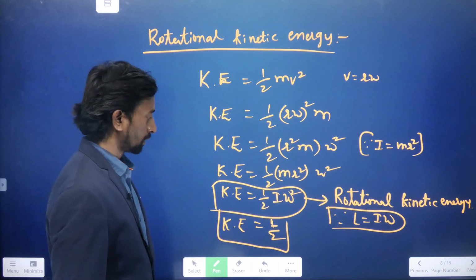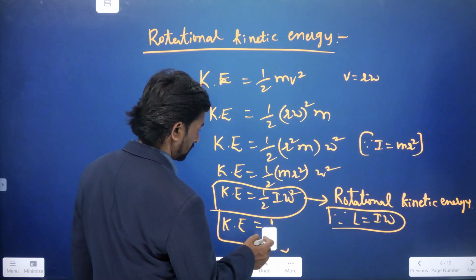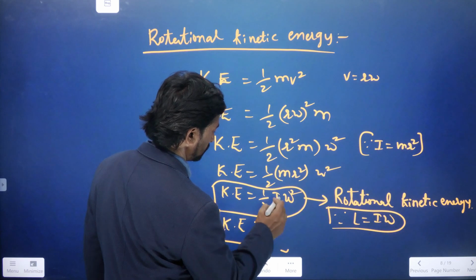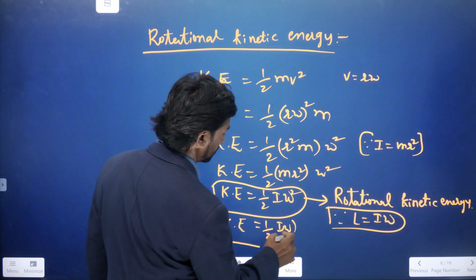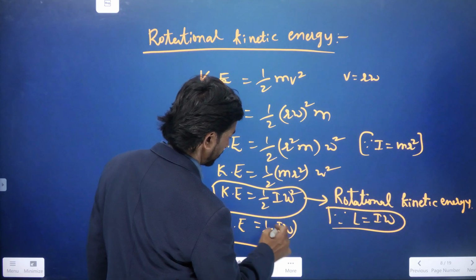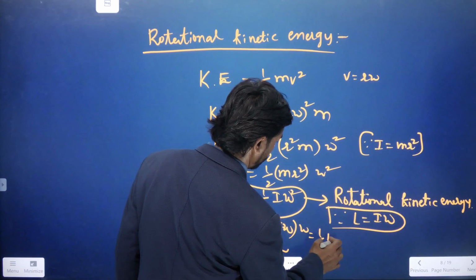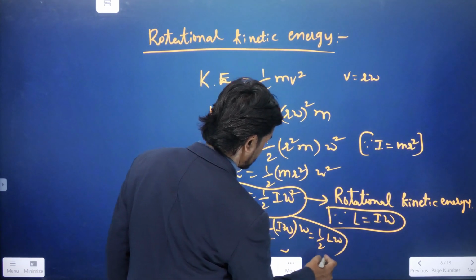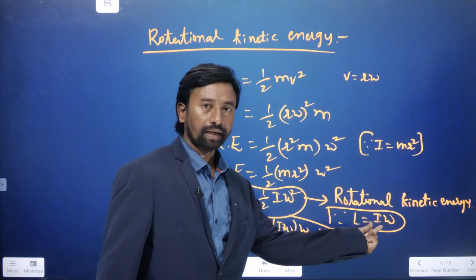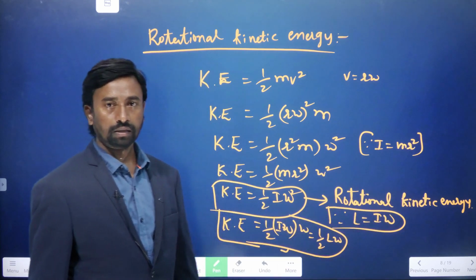So this equation can be written as half into I into omega, that is half into L omega, since the angular momentum formula is L equal to I into omega, the moment of inertia into angular speed.